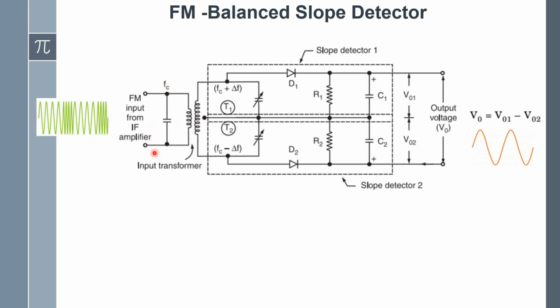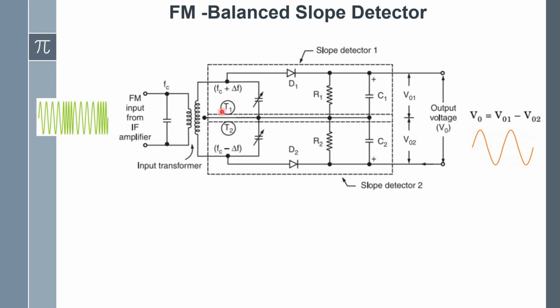The first is tuned to fc, the second to fc plus delta f, and the third to fc minus delta f. While aligning this tuning, it is very difficult to adjust exactly to get a very good output. This is the one issue in the balanced slope detector.